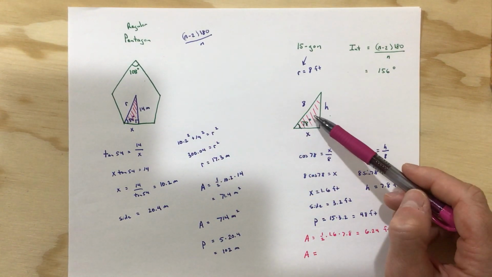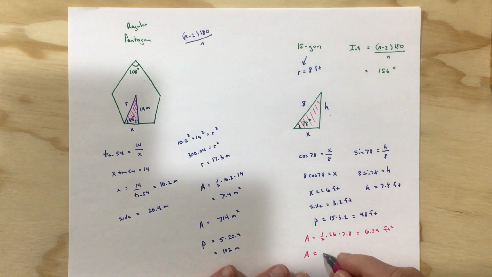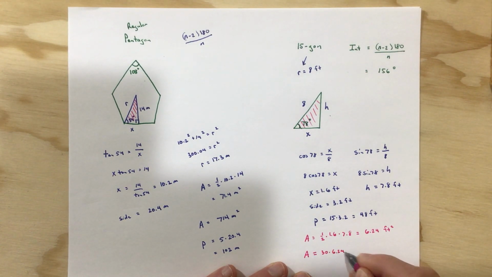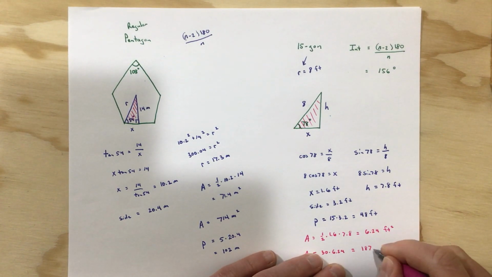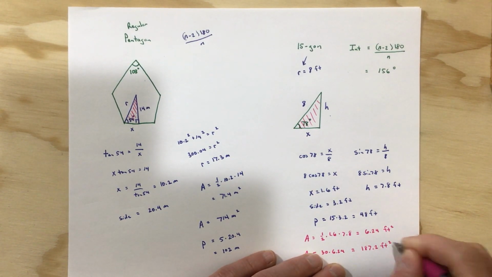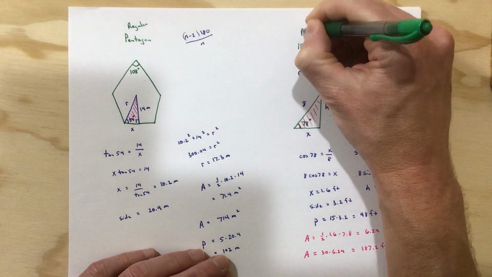There are 30 little triangles in this. So all we have to do is take 30 and multiply by the area of the little triangle to find the area of the 15-gon. Again, it's a regular 15-gon. Maybe I should have written that as well. You get 187.2 square feet.